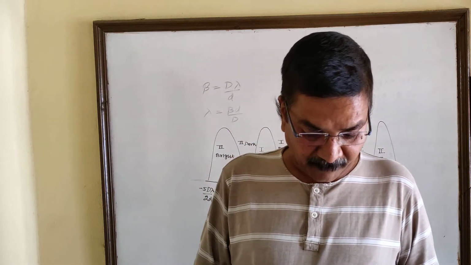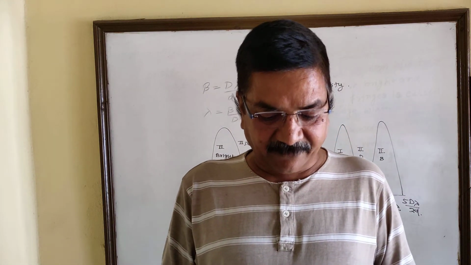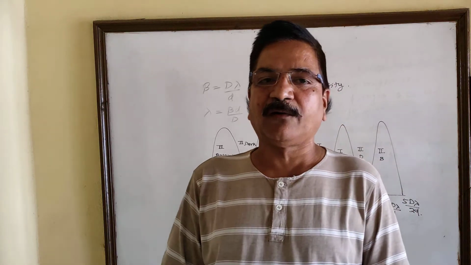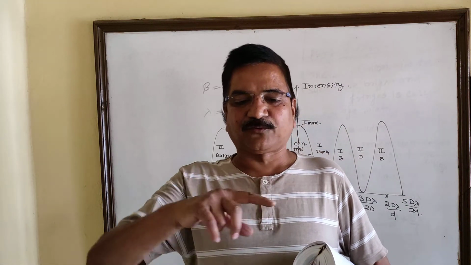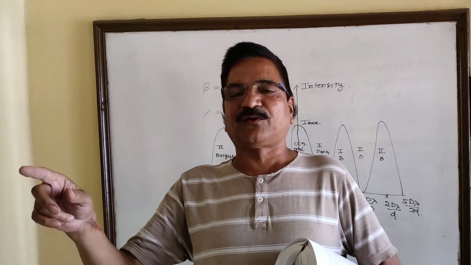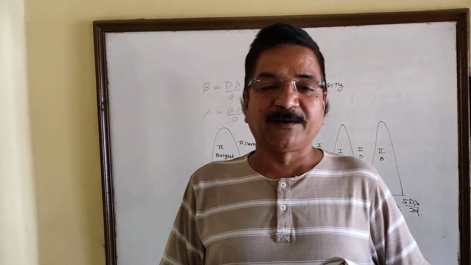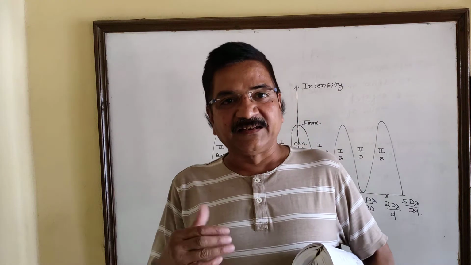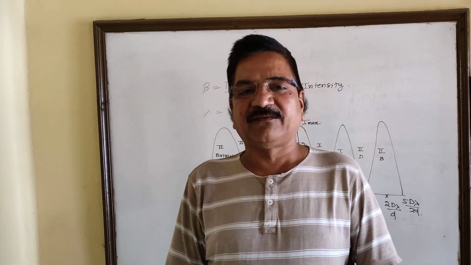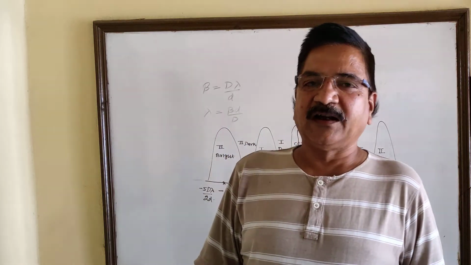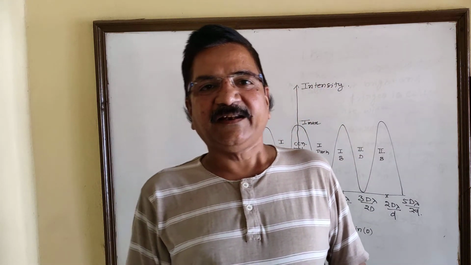Third, the amplitude of interfering waves should be equal. It is not necessary that one wave should have higher amplitude and another wave lower amplitude, because if the amplitudes are different then the intensity may vary, and the interference pattern will not be proper. So the amplitude of interfering waves should be the same.